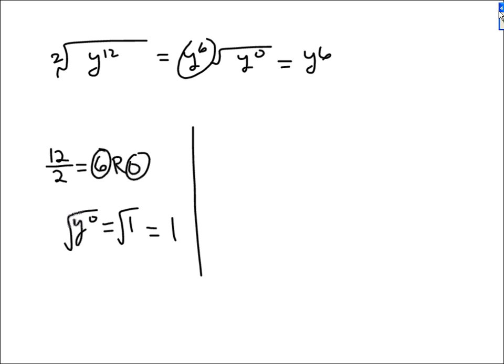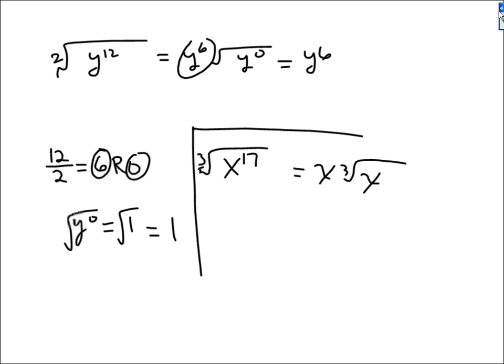If you were asked to compute the cube root of x to the 17, well, you're going to have an x in front, and you're going to have a cube root of x to some power. Possibly, maybe it will be 1 again.